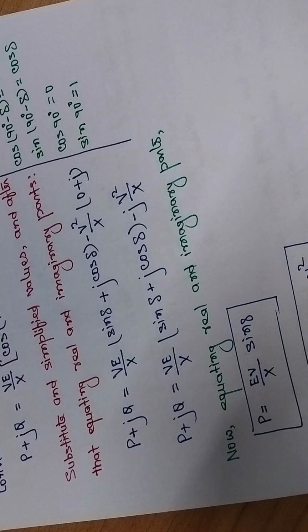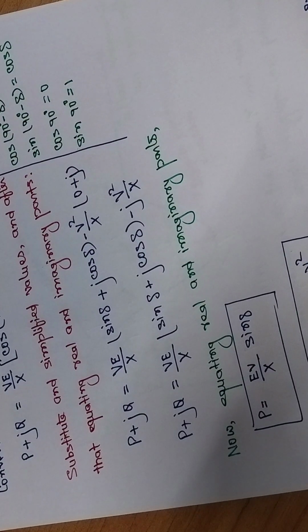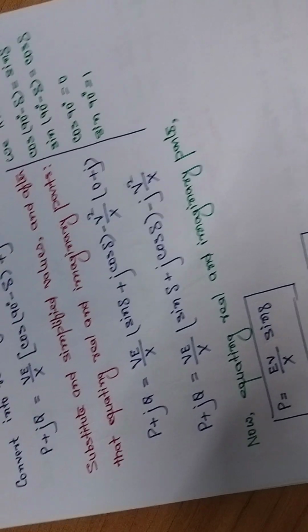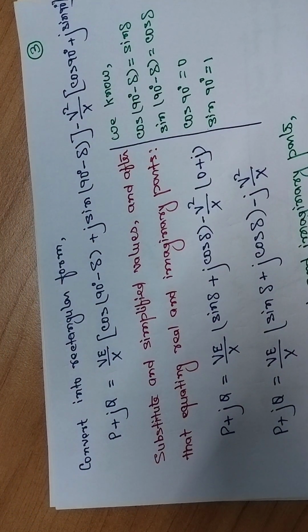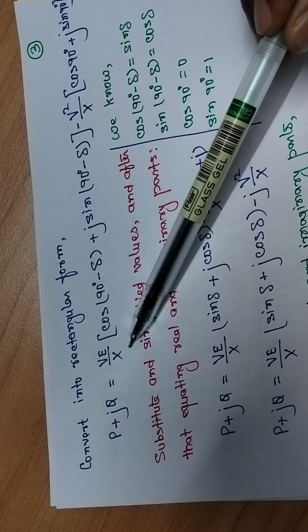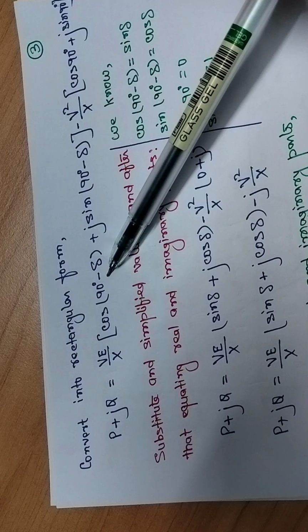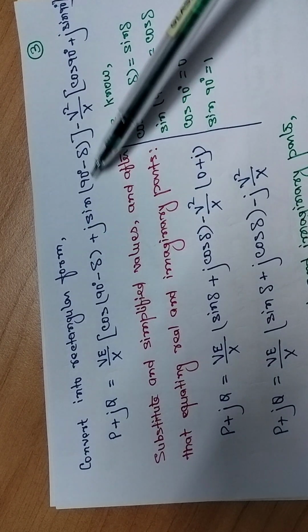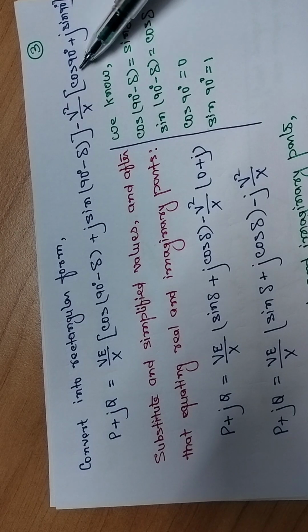After that we have to convert into the rectangular form. So we know that S is equal to P plus jQ. So we have written here VE by X cos of 90 minus delta plus j sin of 90 minus delta, minus V square by X cos of 90 plus j sine of 90 degree.